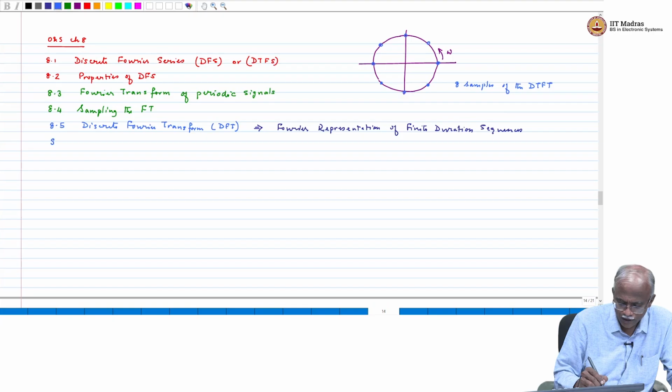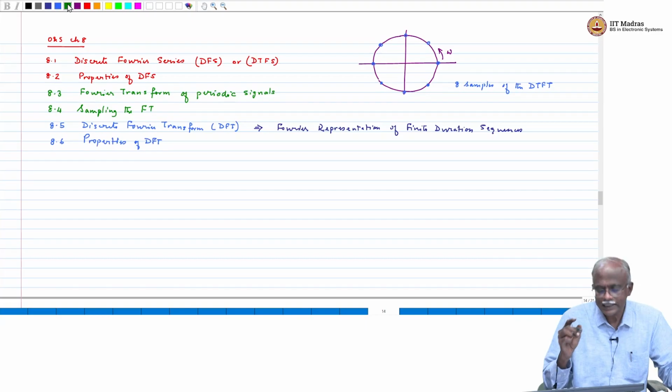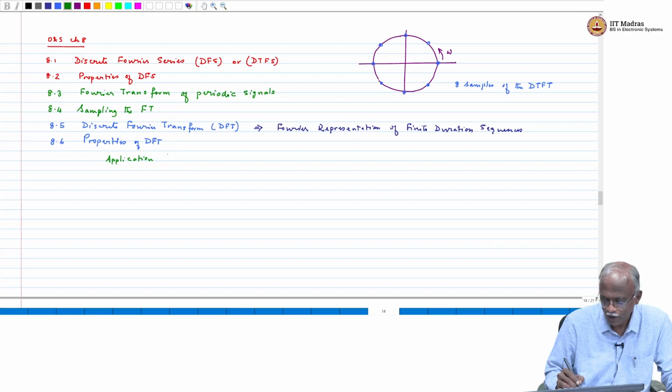Then of course, as always, we will study the properties of the DFT. And one of the most interesting and useful applications of the DFT is going to be the property of convolution. Property of convolution, application of DFT.